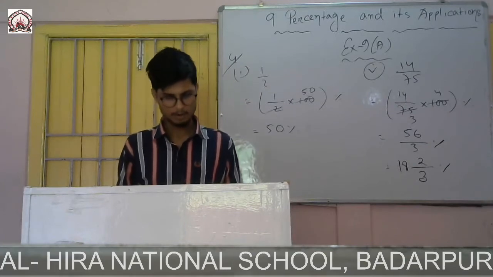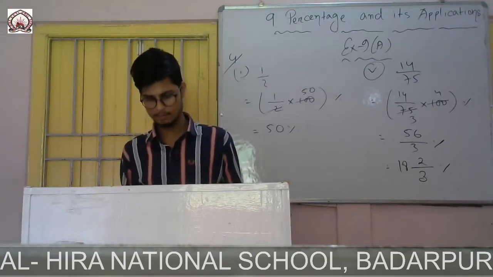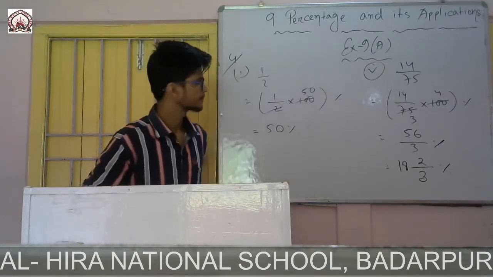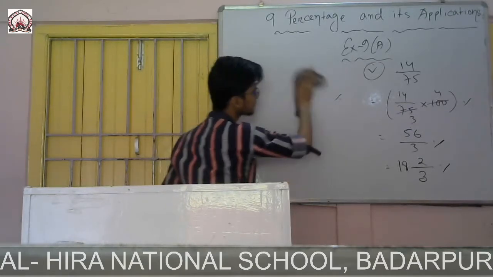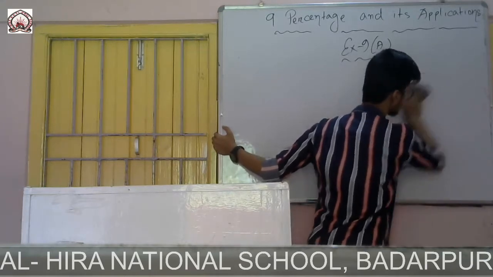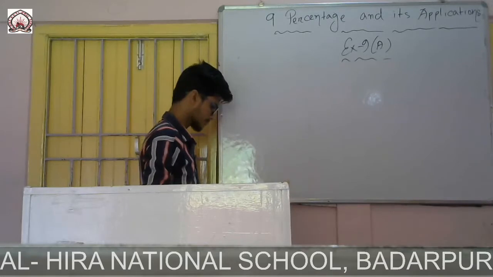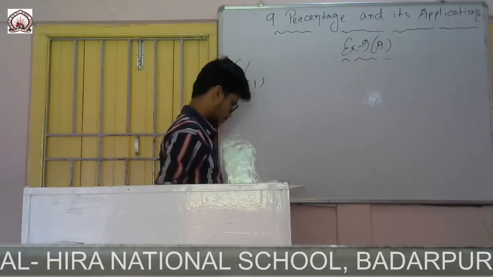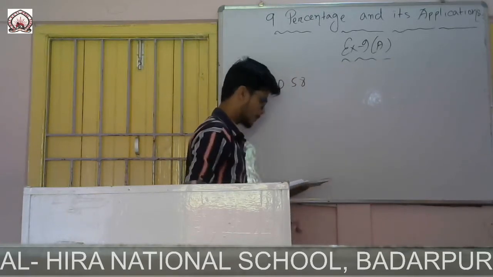Okay. Now question number 5. Convert the following decimals into percent. Roman number 1, it is 0.58.